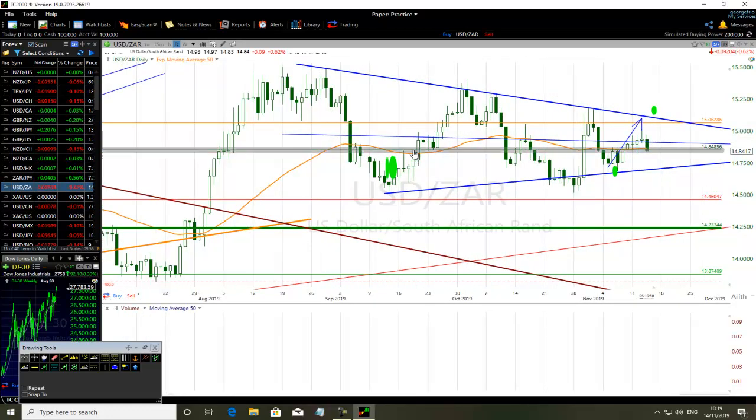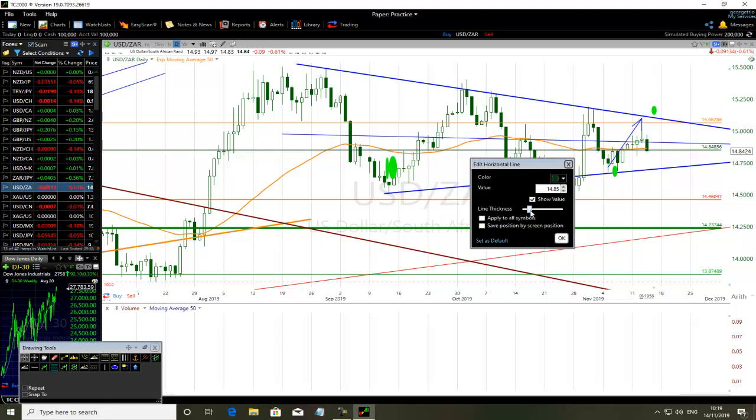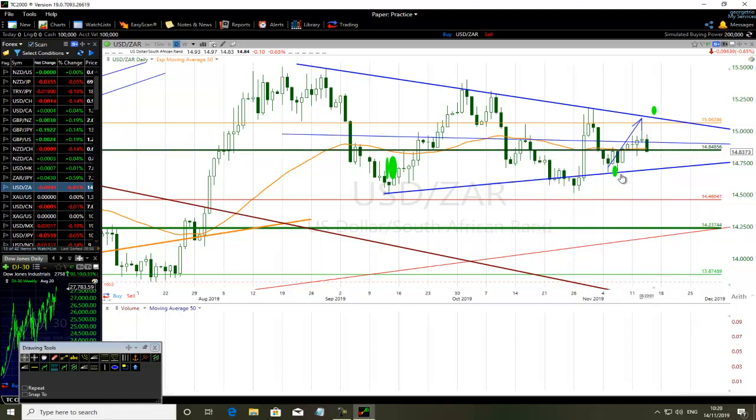It breaks above, then tests the same level. That's exactly the level where the price is now. It was trying to go from here to here, but now it breaks above that key level, and the moving average 50 is also retesting it here. There's a support there.